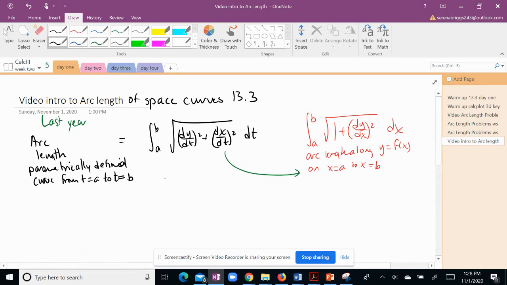If I take this integral and let's say I'd like to divide by dx over dt squared under the radical. And the reason why I chose to do that is I'd like to turn it into having a number 1 right here.